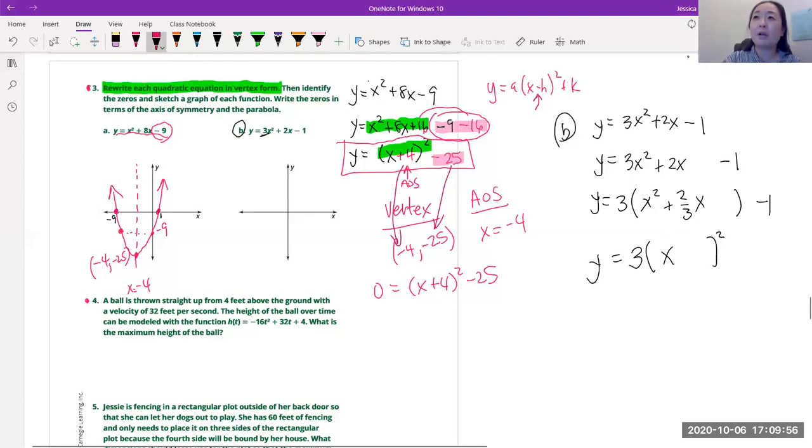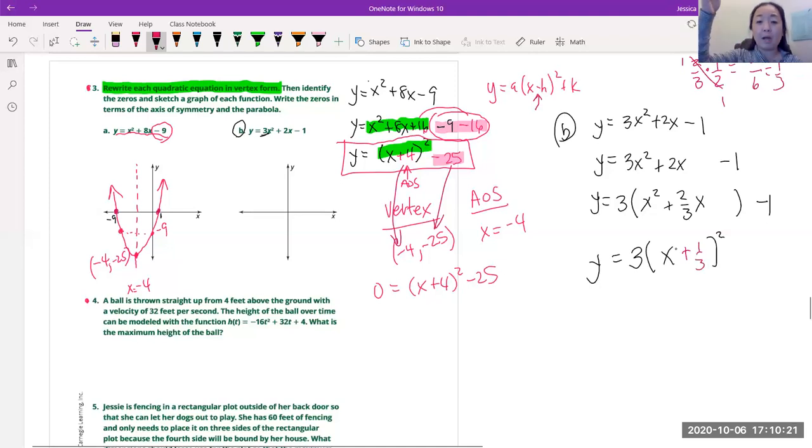Or if you want to think about it, 2/3 times 1/2, because dividing by 2 is the same thing as multiplying by 1/2. That's 2/6, which is equal to 1/3. Or if you just want to cancel, those become 1s, multiply straight across, that's 1/3. Same thing. So halved, that's going to be 1/3.